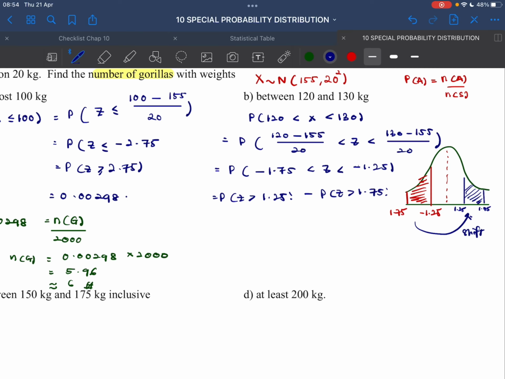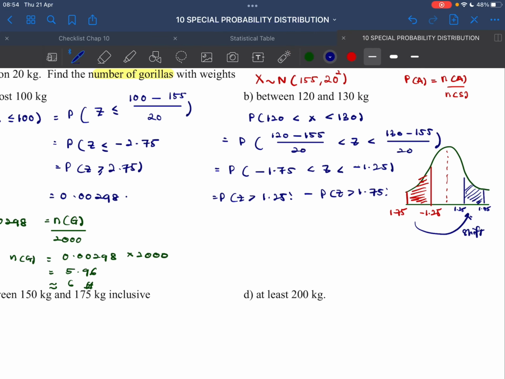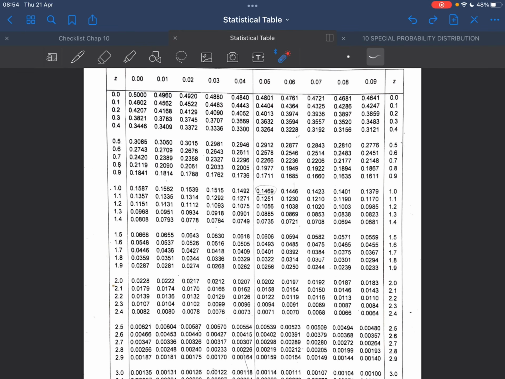Now just find that in your table. For 1.25, 1.2 is here, stop at 5, this is your 5, so the value is 0.1056. And for 1.75, here is 1.7, stop at 5, this is your 5, so the value is 0.0401.